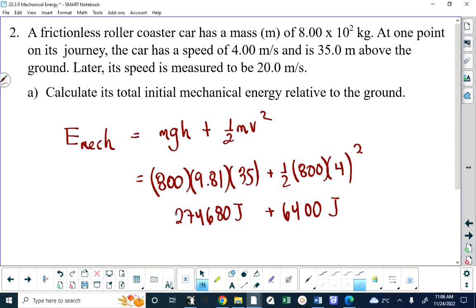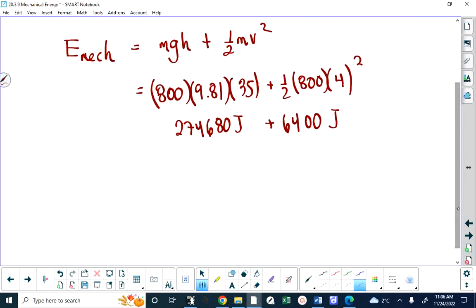You getting the same number before I continue? Okay. So we need to add these two together to get the mechanical energy of 281,080, but I did that in my head and I could have carried wrong, but is that right?